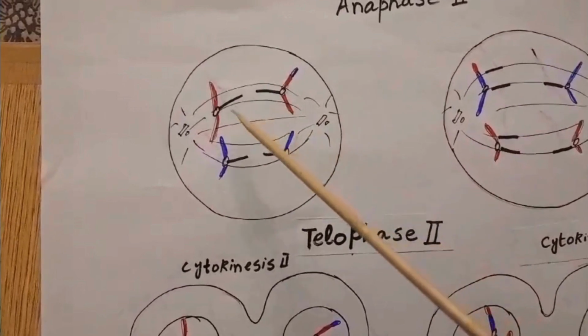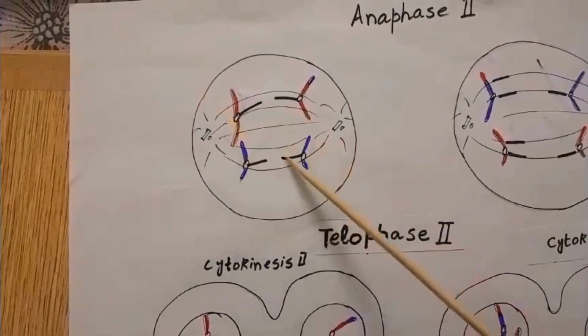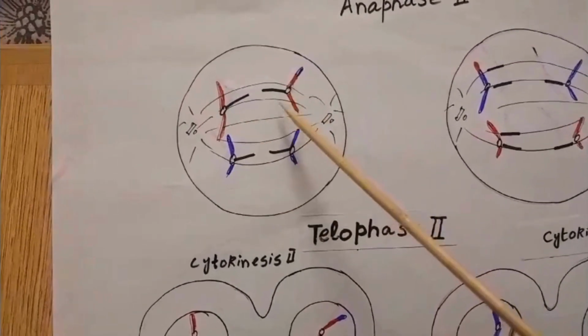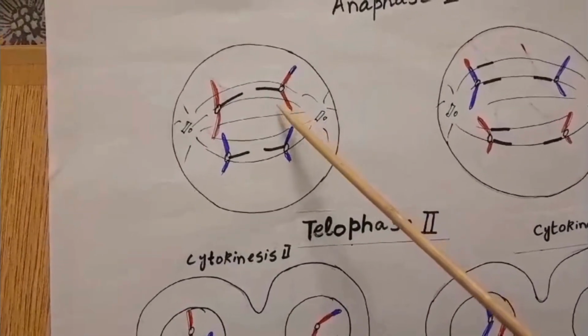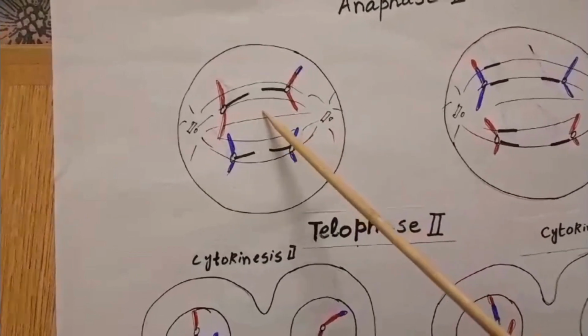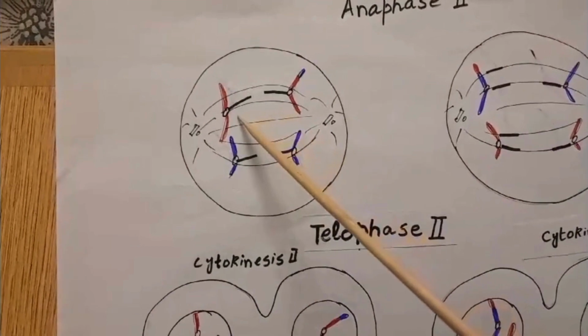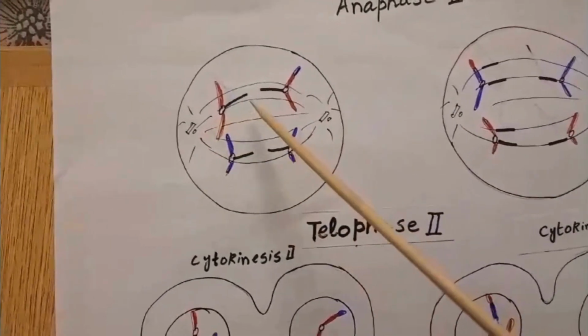Anaphase 2 starts with the division of the centromere in the center of the chromosome. The centromere divides and the chromatids of the chromosomes get separated, and the spindle fibers contract and move the chromatids towards the opposite poles.